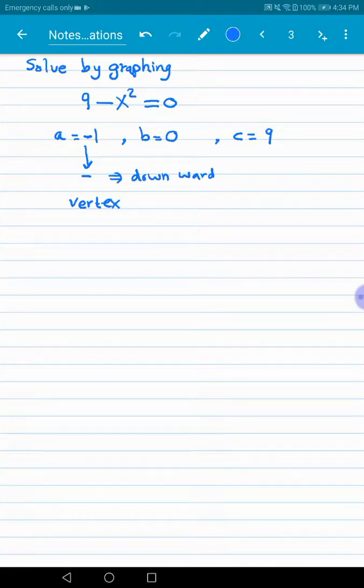The vertex is a point consisting of x and y. To find the x, we use the formula minus b over 2a. This is a formula that we use all the time. So x equals minus 0 over 2 times a, which is minus 1.